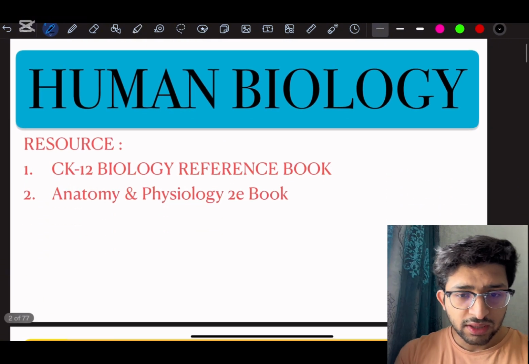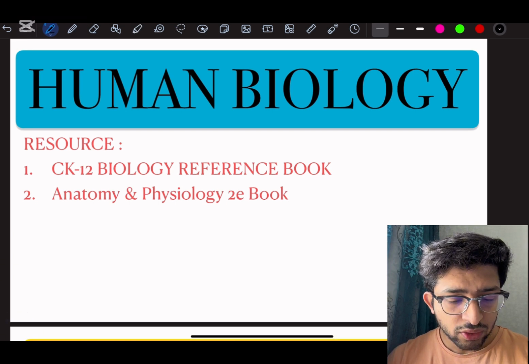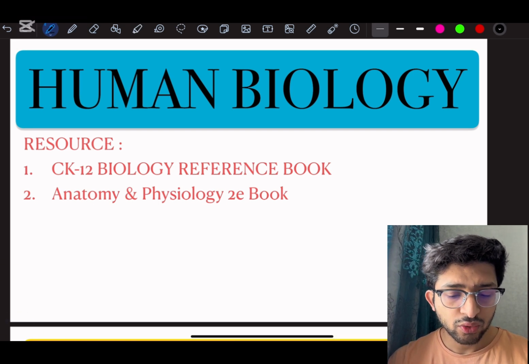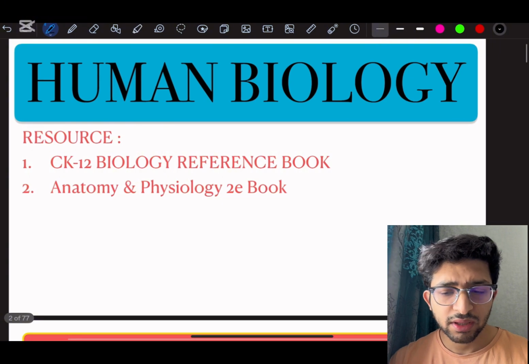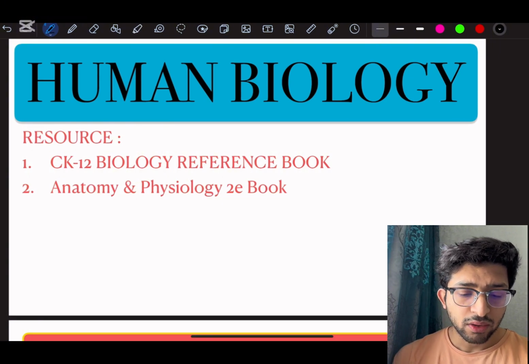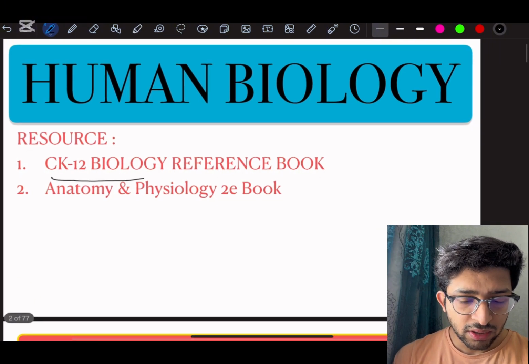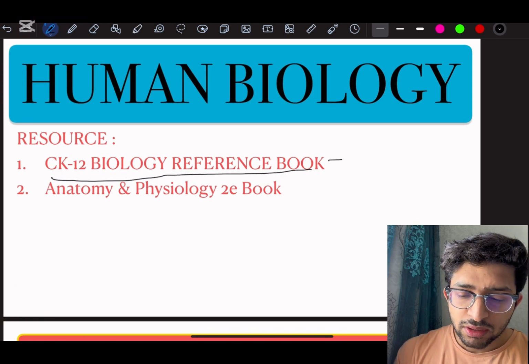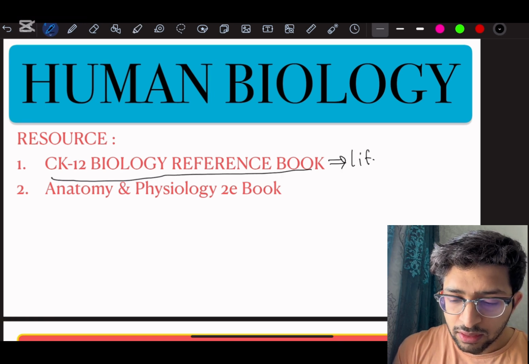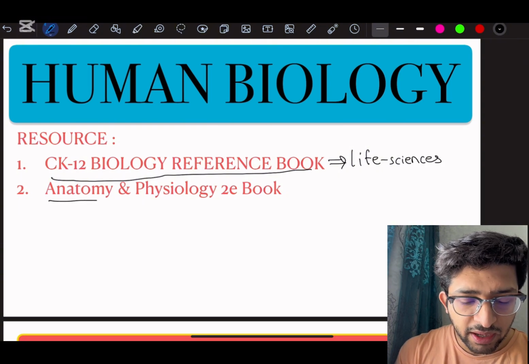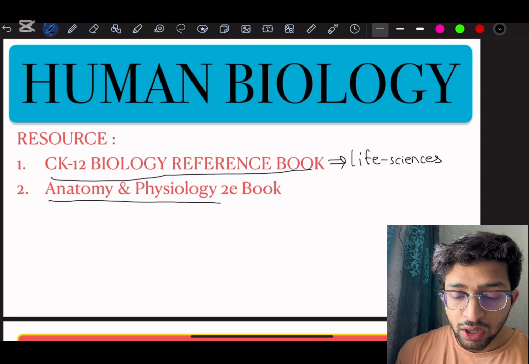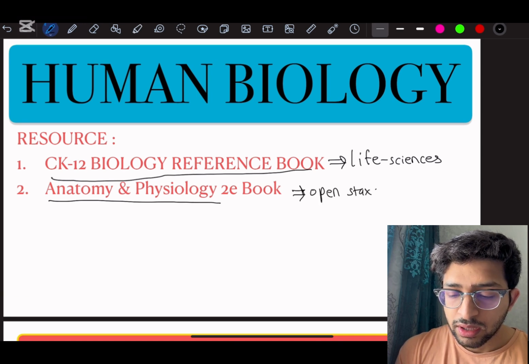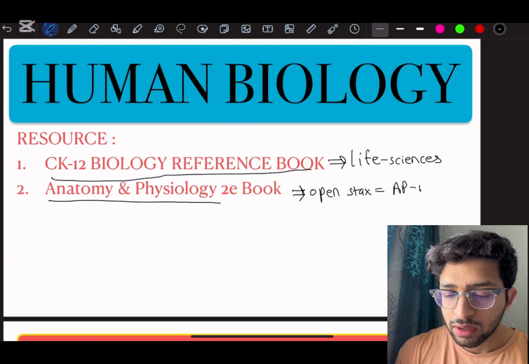As you can see on the screen, I have taken these resources from two books. They are also available on OpenStax. One is the CK-12 Biology reference book, specifically from the Life Sciences, and the other one is the Anatomy and Physiology second edition book, which on OpenStax we call the AP Bio second edition book.